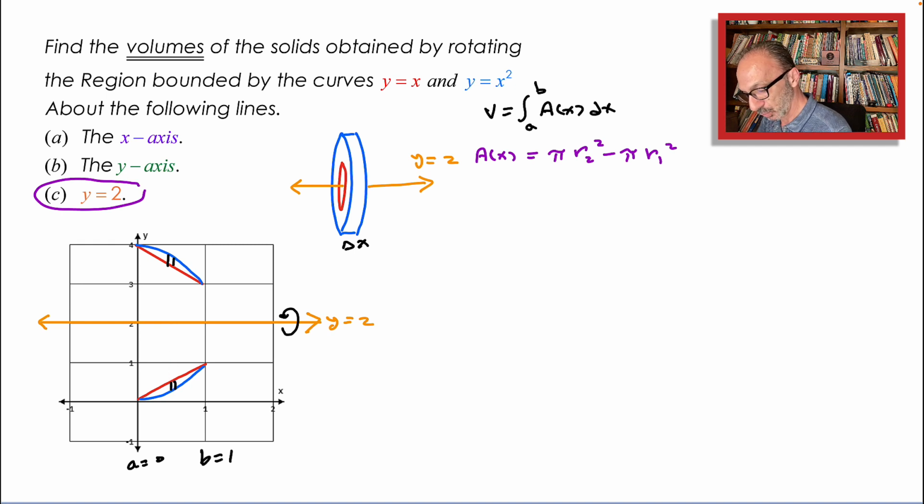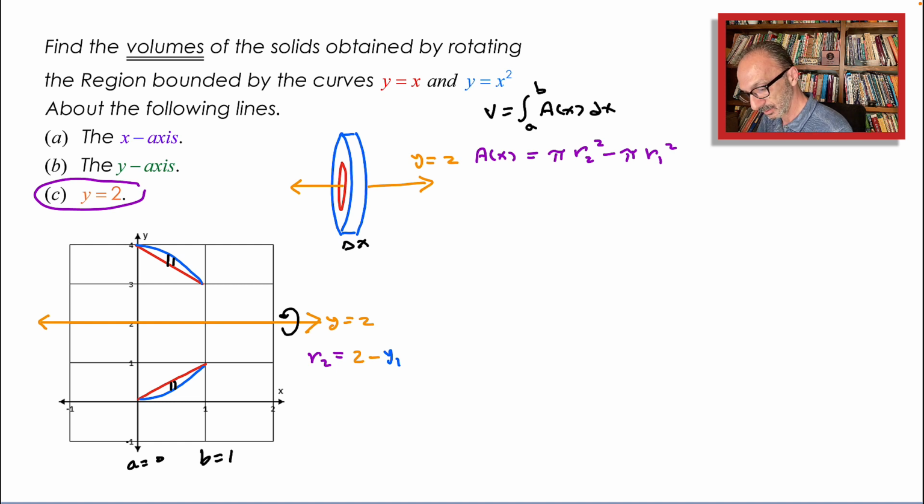And r1 will be from this point to this point. That's r1. So let's write r2 and r1. r2 will be 2 minus y1. And we'll come back and fix y1.